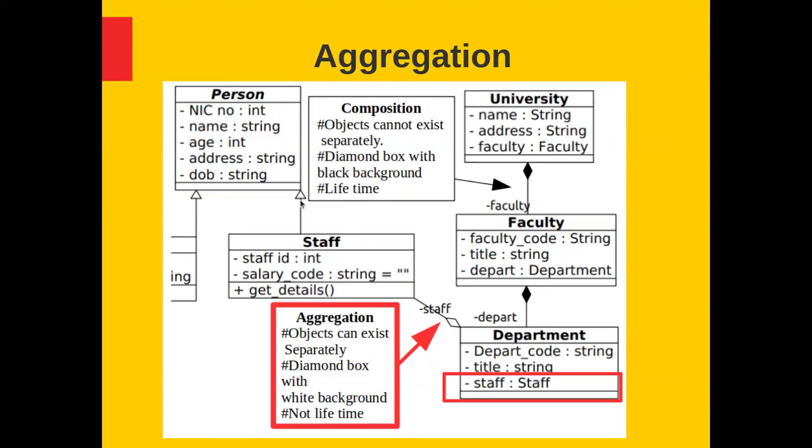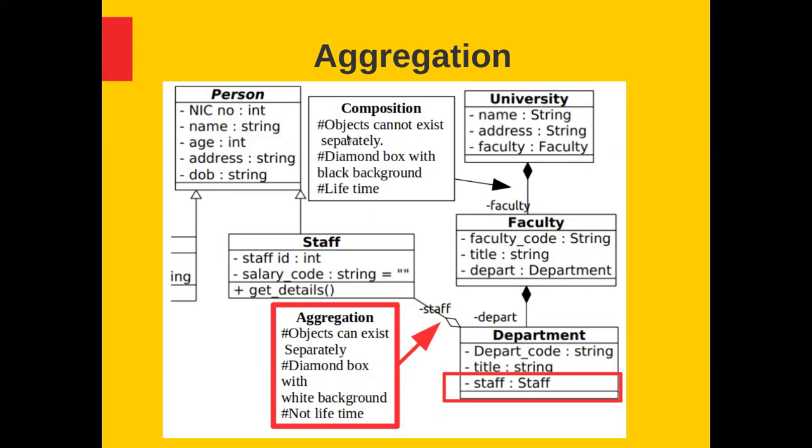Now this relationship is inheritance, the is-a relationship. If we consider the university class, faculty, department, a university has a number of faculties. Now, the faculty has a number of departments.